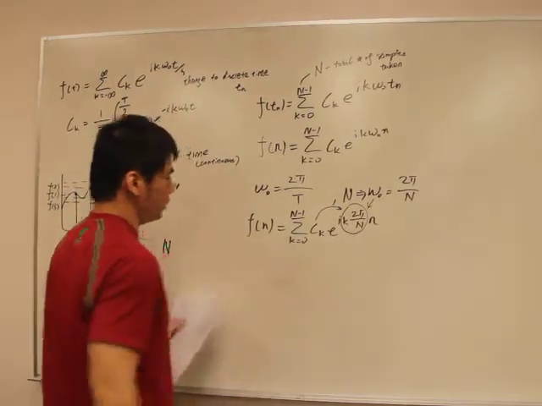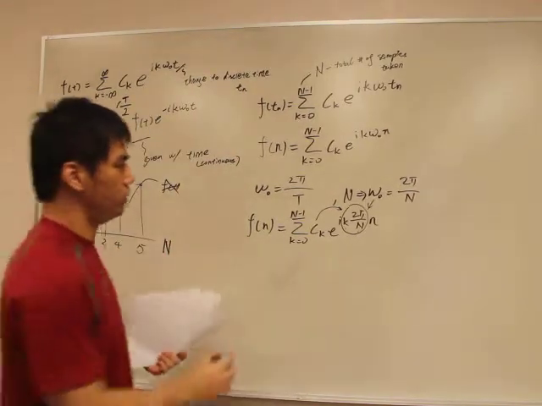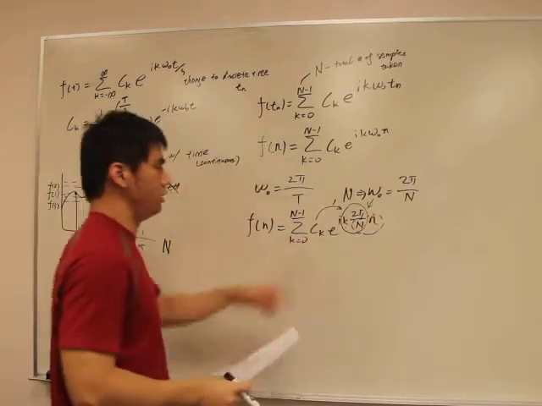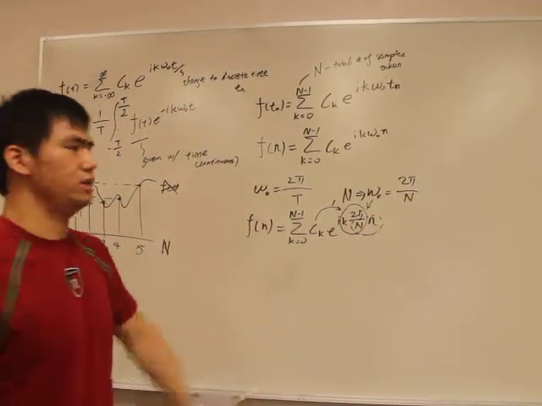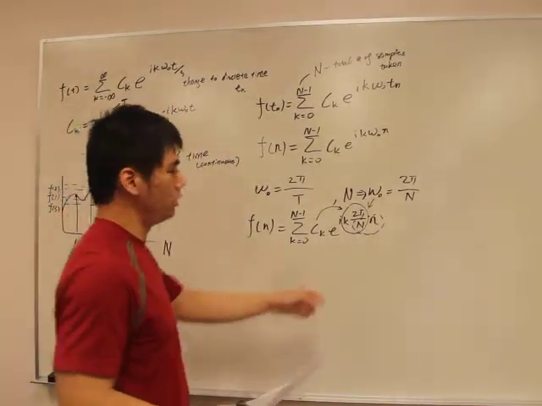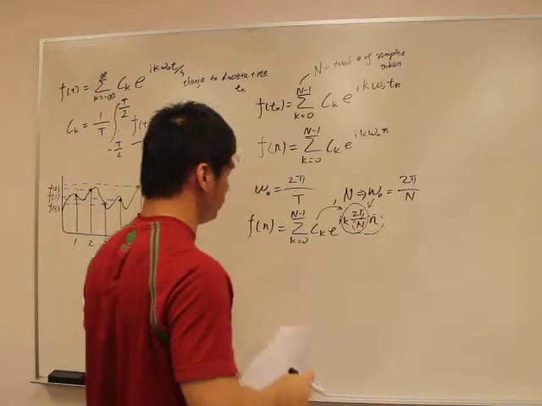So this is a summation over k, but now we have two n's here. Small n and big N are obviously related. So what if we want to find out the relationship between n and N?